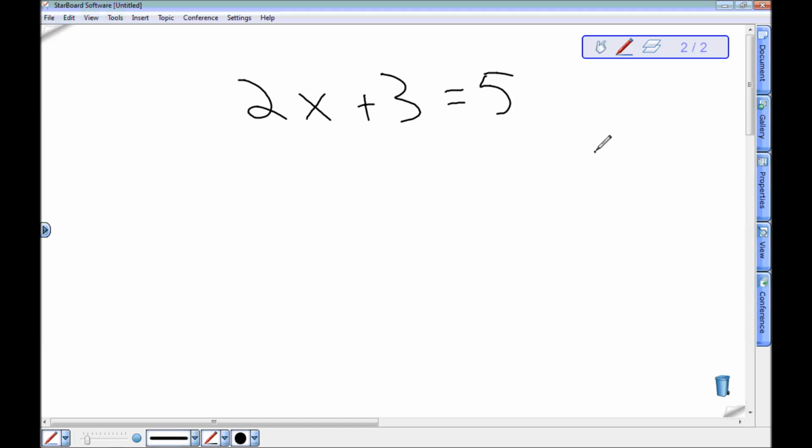I simplify algebraic expressions, meaning that I combine like terms, get rid of parentheses, that kind of thing. But I solve equations. So we solve these guys.